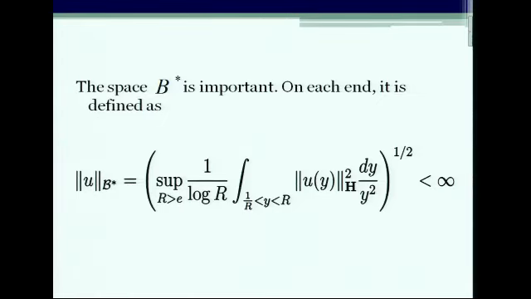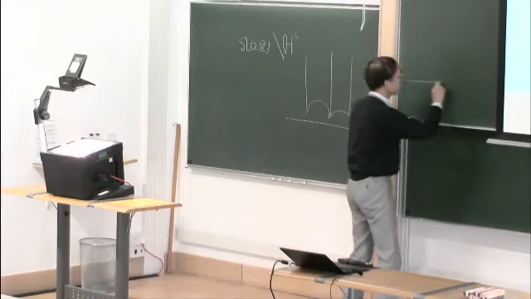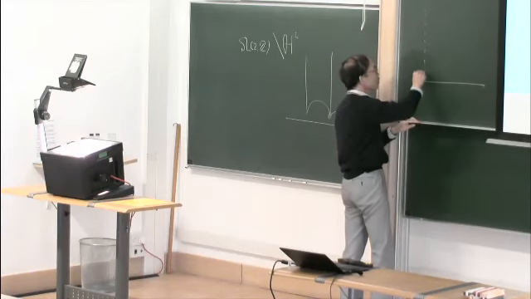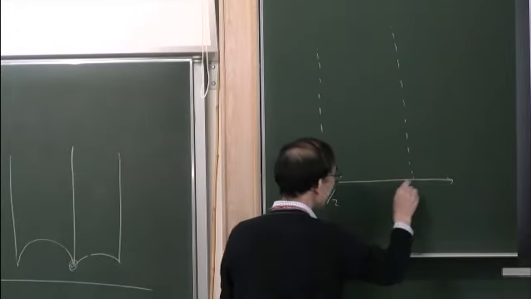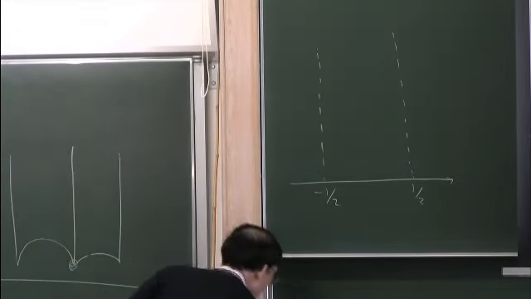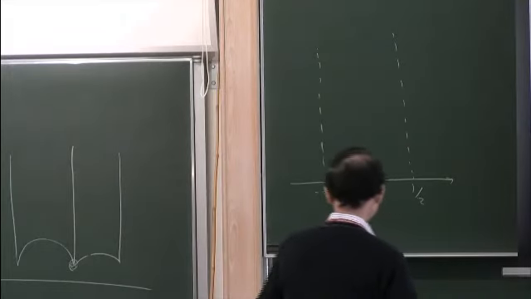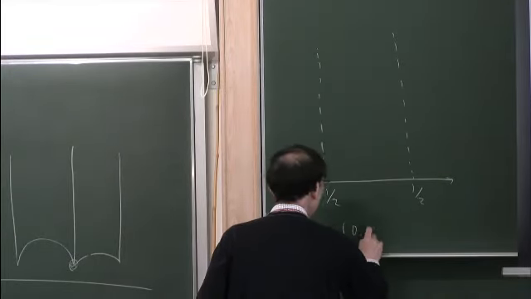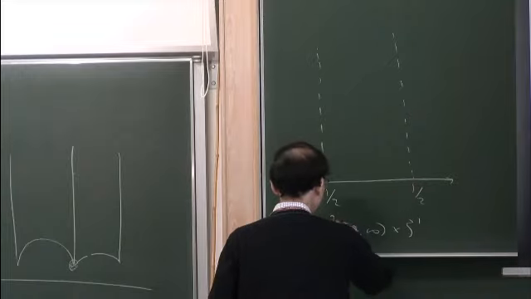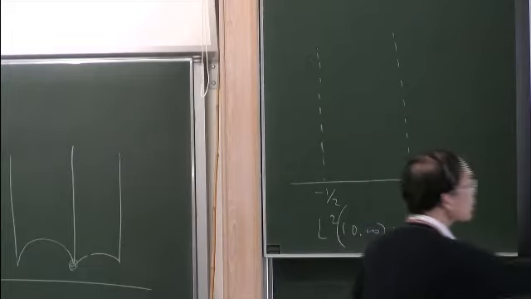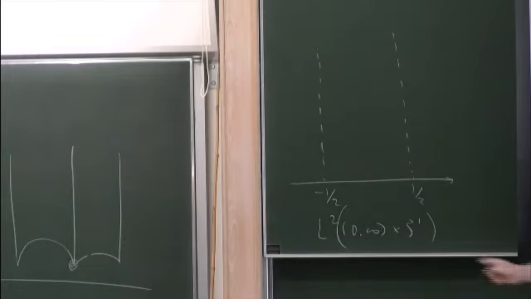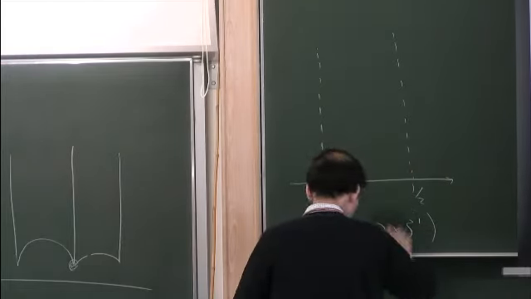So if you take this model, the most standard case of this cylinder, this space B star is 0 infinity times S1, L2, equipped with this metric, where this H is L2 S1.